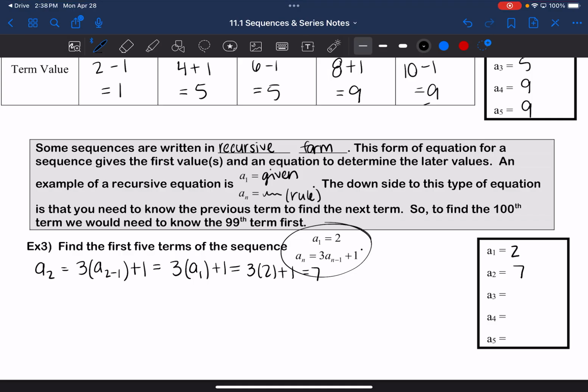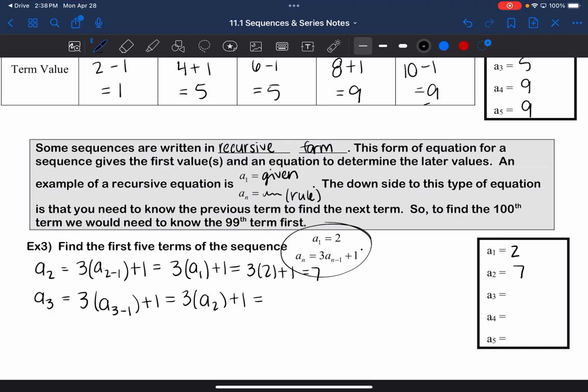Okay? And now that I know the second term, I can use that to go find the third term. So if I'm looking for a sub 3, that'd be 3 times the term I'm looking for minus 1 plus 1. Okay, well, a sub 3 minus 1 means I'm actually going to be plugging in a sub 2, right?